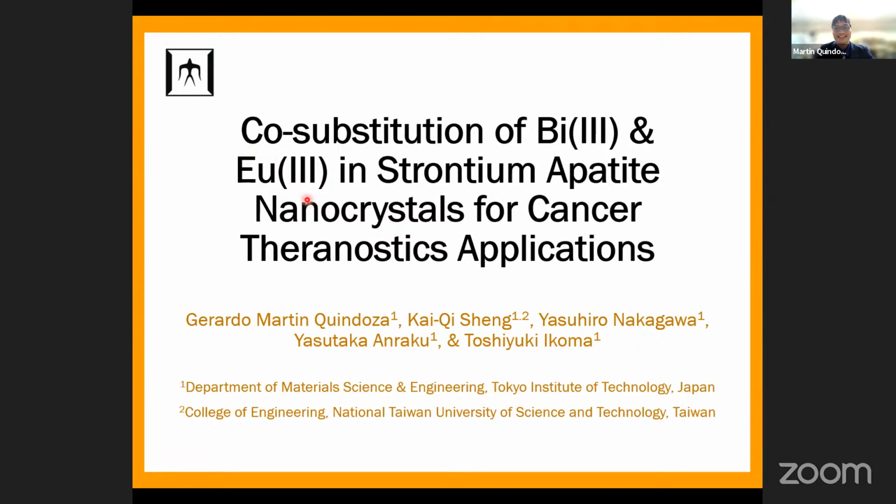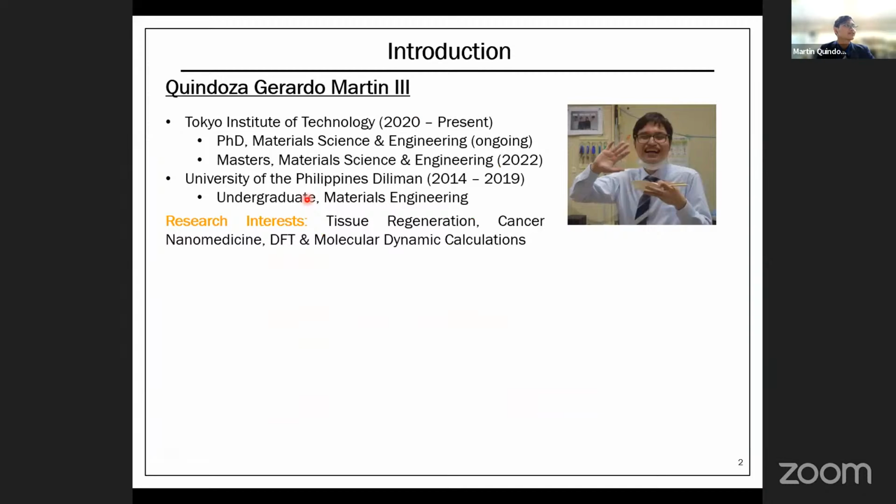To start, I will briefly introduce myself. I am currently a second-year PhD student at Tokyo Institute of Technology in the Department of Material Science and Engineering. I am originally from the Philippines, and I obtained my bachelor's degree in materials engineering from the University of the Philippines Diliman around 2019.